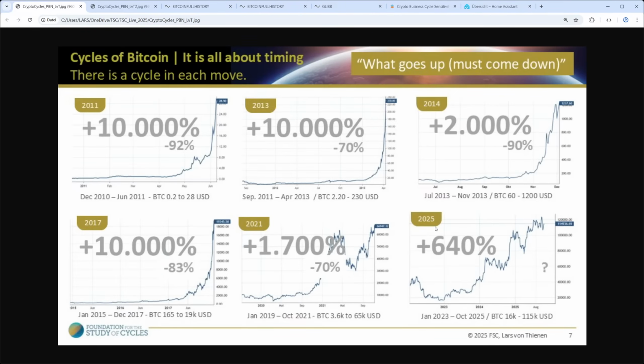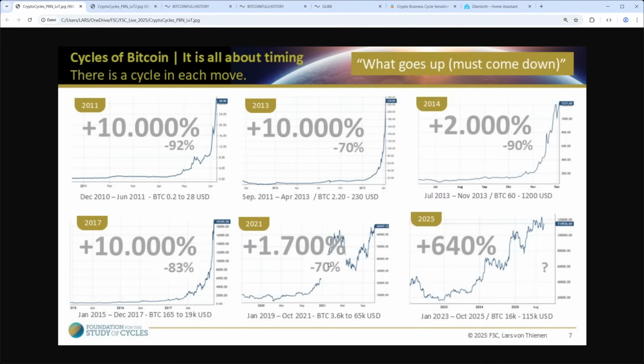And now we are here in 2025, where we moved from 16K in January 2023 up to 120K as of today. So if you just view the parabolic moves of Bitcoin in those five examples up to 2021, we don't know how it will continue in 2025.